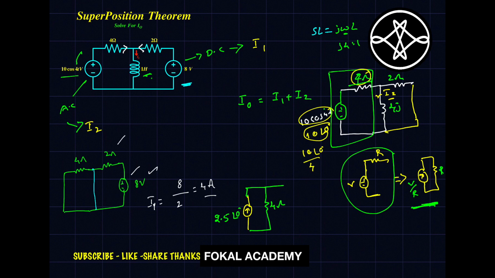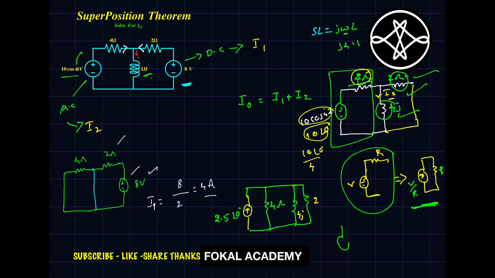Here the inductor is in parallel with the 2 ohm resistance, so the inductor is 4j and the resistance is 2 ohms. The 4 ohms and 2 ohms are both resistors in parallel, so replace them with a single resistor.